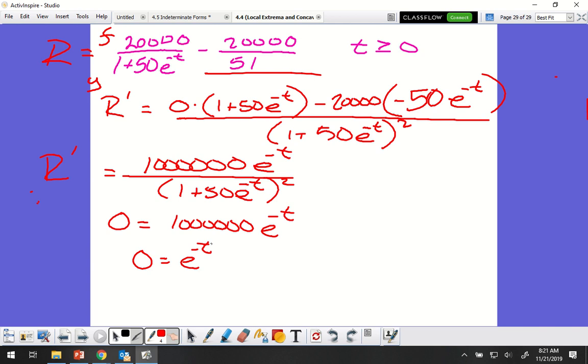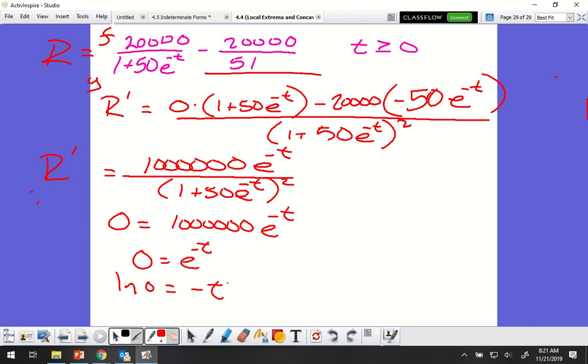So if I ln now, it's ln on both sides: ln 0 equals negative t. Now what is ln 0? Undefined. So this one right here is going to be undefined.